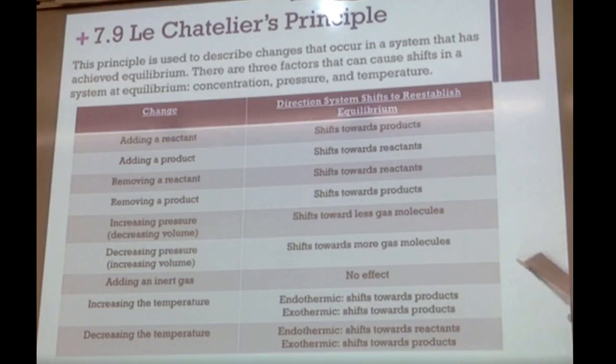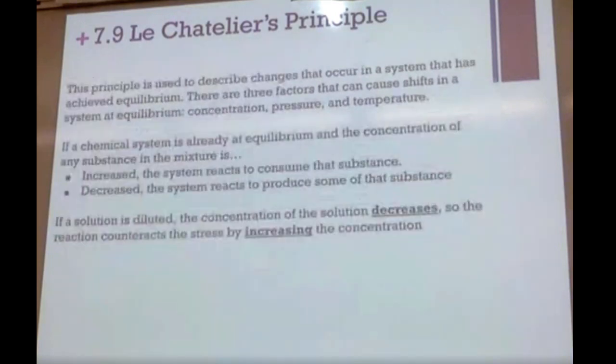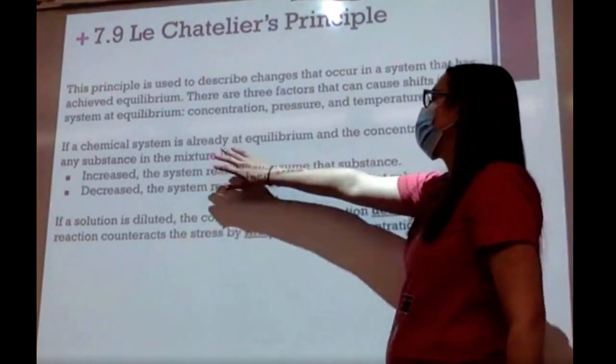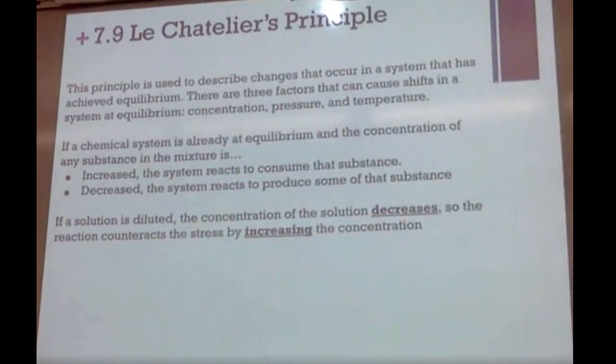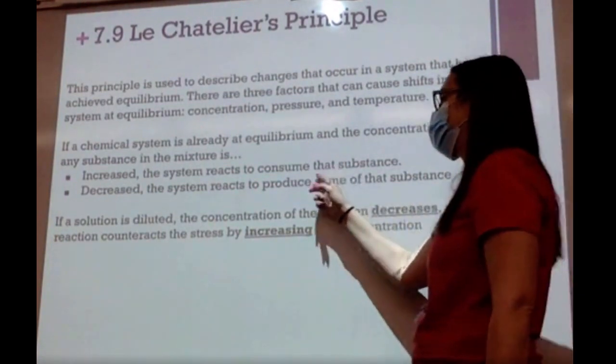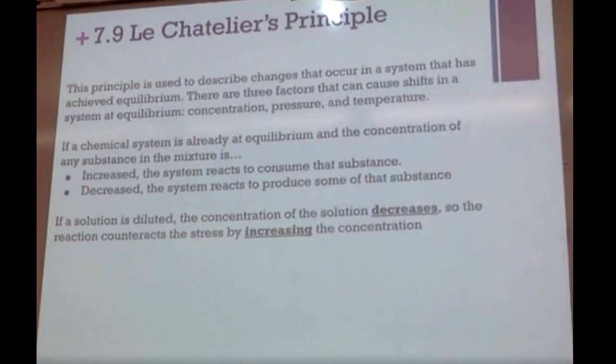I'm going to look at one more slide because part of the unit guide says to focus on dilutions. Part of topic 9 says to know how a change will be made based on a dilution. When something is already at equilibrium and we increase the concentration, the system is going to shift in a way to use up what we just added.